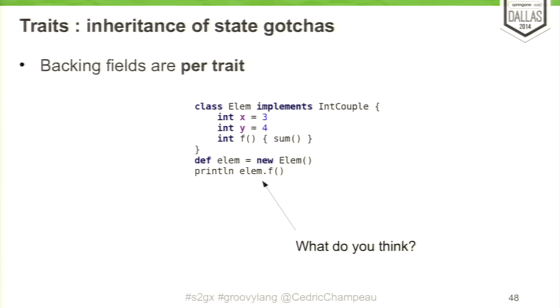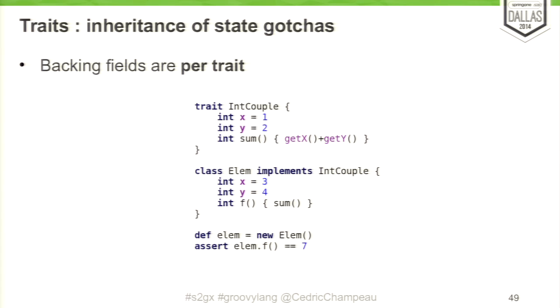So now, what do you think about this example? What happens? My class defines itself two properties named x and y, and a method that calls sum from the incouple. What is the result? What do you say? 7? Your stuff overrides the local stuff.